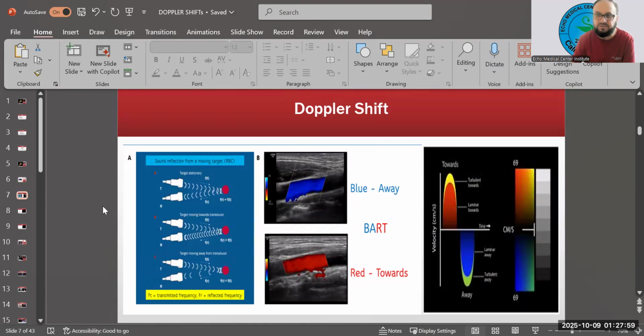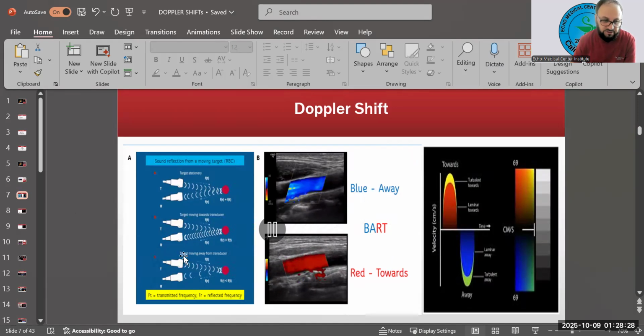This is a better example also for the Doppler shift. Now, if you look at these two, they are a better example. Just pretend, look at this probe. It's using less frequency, but receiving more frequency. Remember, for example, if this is a 7 megahertz transducer and you get 7.1 megahertz back in return, it means the flow is towards, and it's supposed to be in a red color.